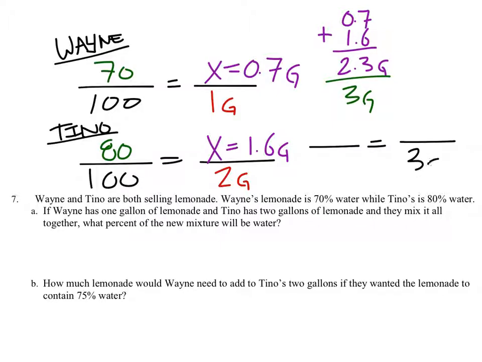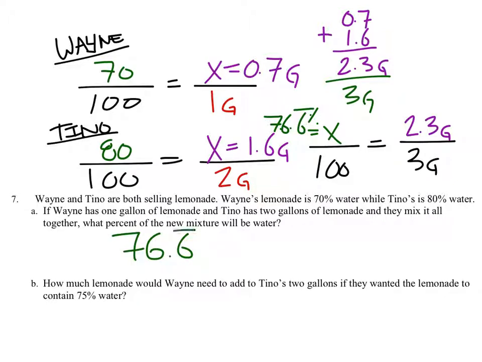Out of 3 gallons, we got 2.3 gallons of water, and this is out of 100. We just need to figure out what the percentage is. So 100 times 2.3 divided by 3 ended up being 76.6 repeating percent. So the percentage would be 76.6 repeating percent water.